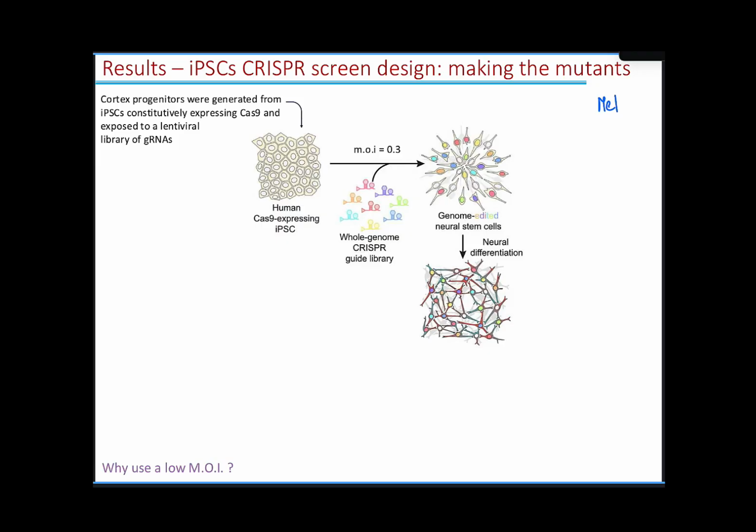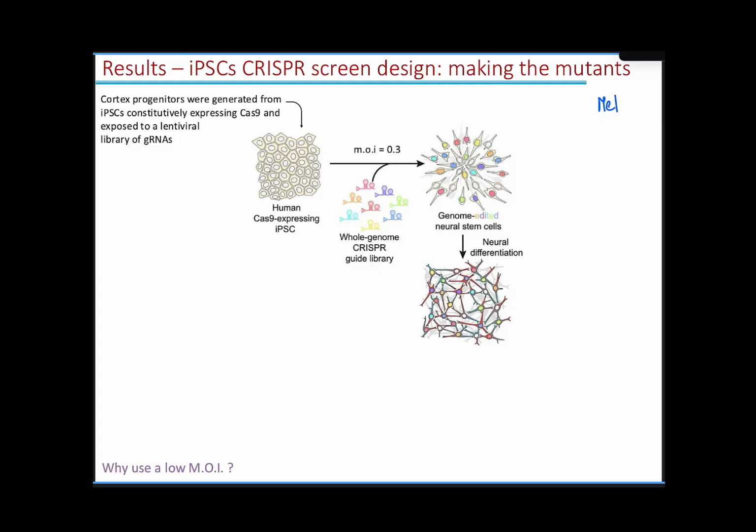Because the risk is, if you allow more than one guide RNA to go into the cells, then chances are that Cas9 will partner with both or more of them and cut DNA at various places, and therefore introduce several mutations, and now you lost track of what may be causing what. Because now you have several mutants per cell, and in this context, that wasn't a good idea.